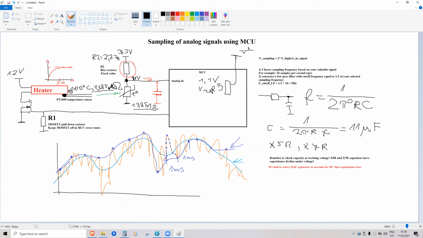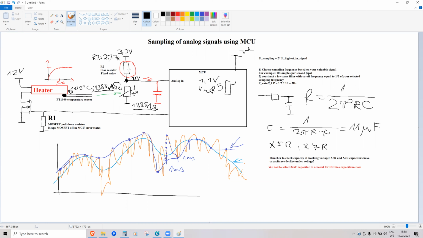You have to use a low pass filter to avoid aliasing, because if there's a higher frequency than your sampling frequency, you'll always have weird off values, because you will always sample either above or below the average, and you will always have wrong results.